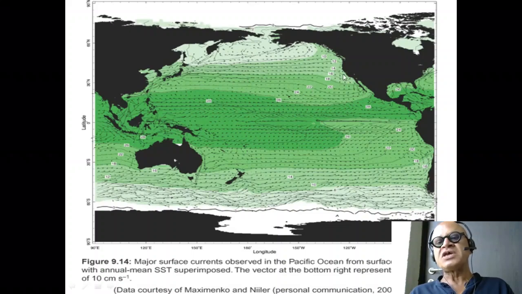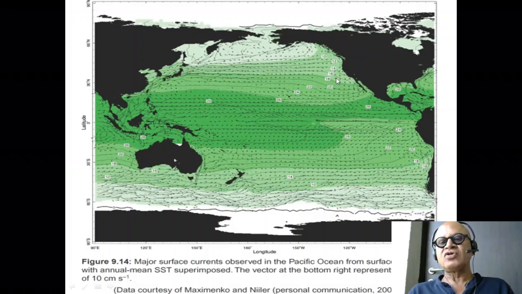And you'll see much weaker current here, as we said, because these western boundary currents are narrower, stronger, and deeper than these weak, broad, shallow currents. There is upwelling here and here as well, in addition to the equator, because the trade winds push water away from the equator here, but the trade winds also push water away from the coast, typically on the western boundaries of the land and eastern boundaries of the oceans.